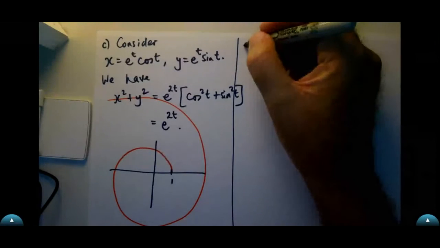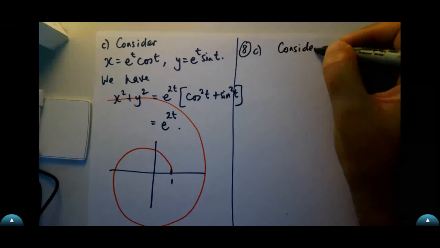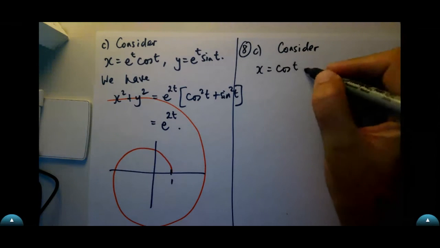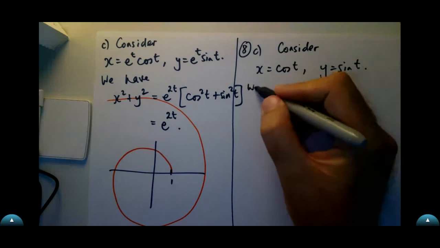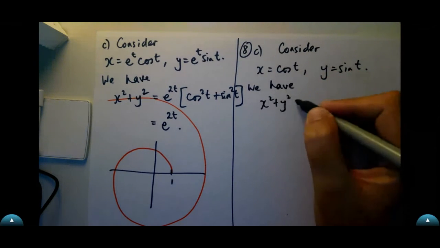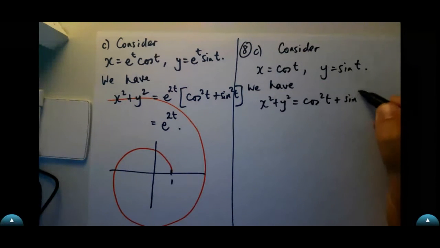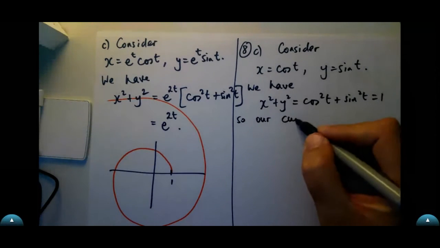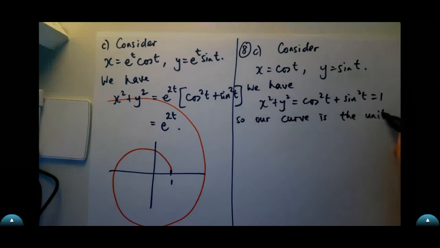All right, so question 8C. So we have x squared plus y squared equals 1. So our curve is the unit circle.